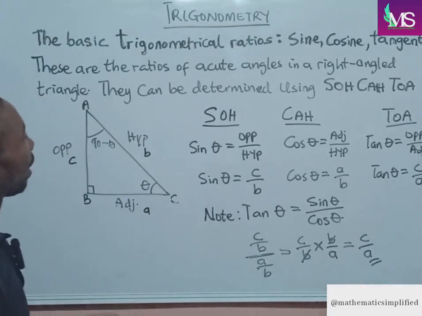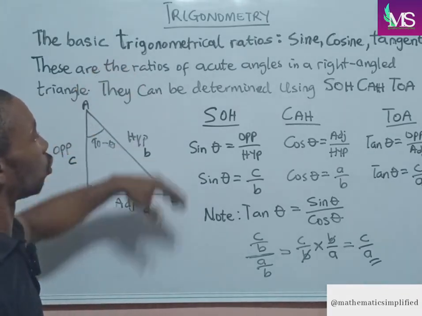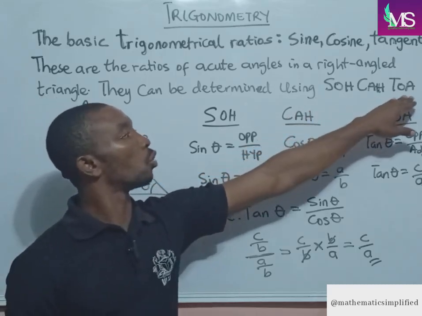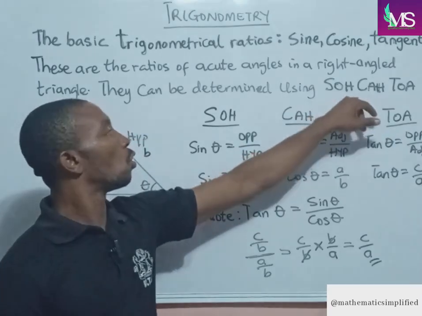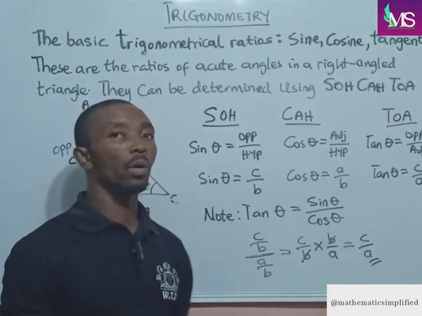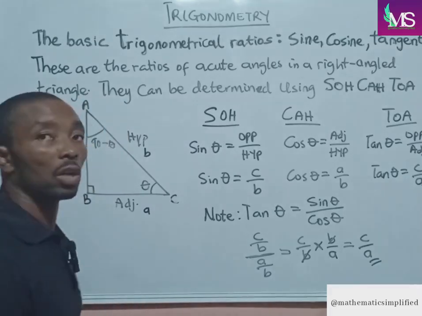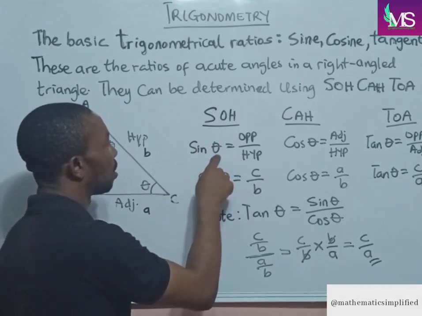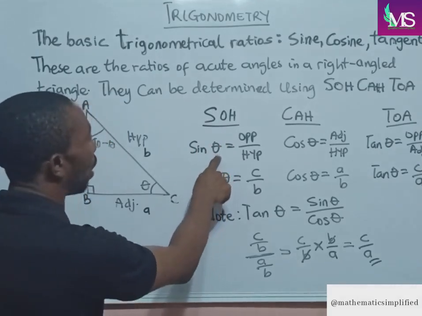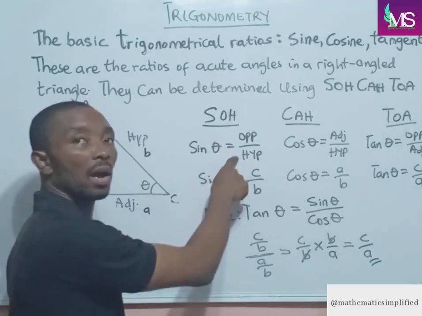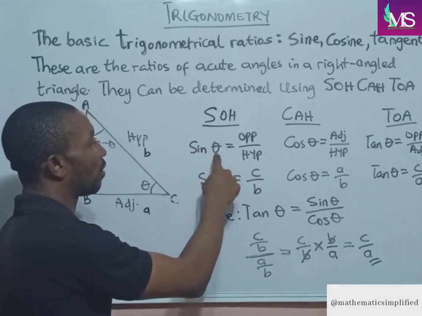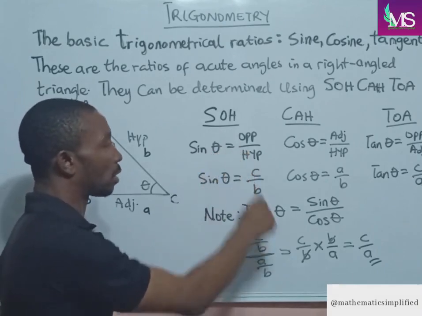Now, in determining our trigonometrical ratios, we use the term SOH-CAH-TOA. What does SOH-CAH-TOA mean? For sine theta, we have opposite over hypotenuse.